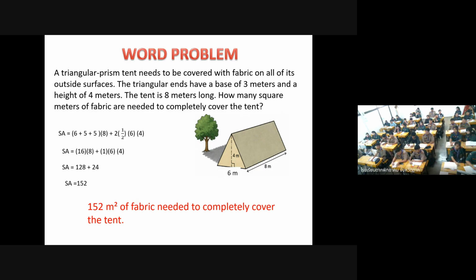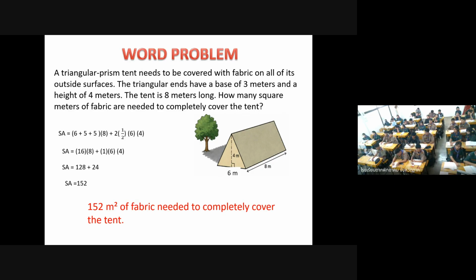Okay, again. Based on the problem, change that one. That is 6 meters, because we need to get the hypotenuse. So we have 5, and then add everything here, 5, 5, 6, and multiply by the length.